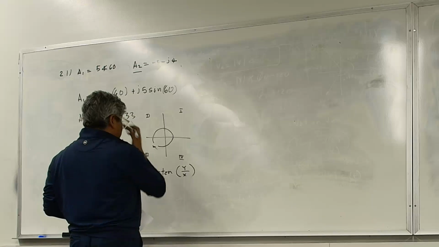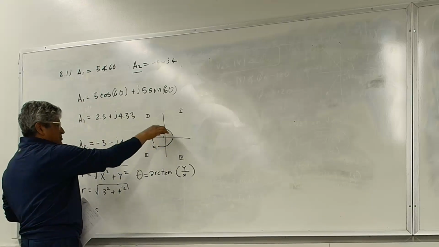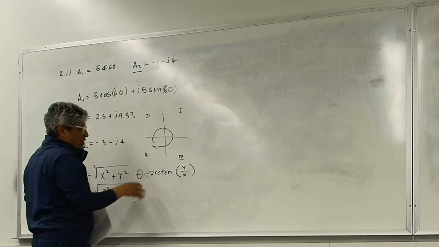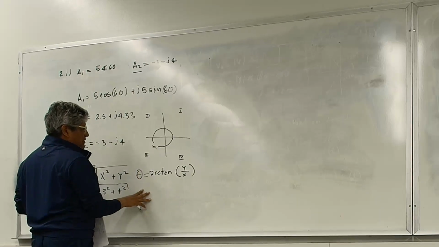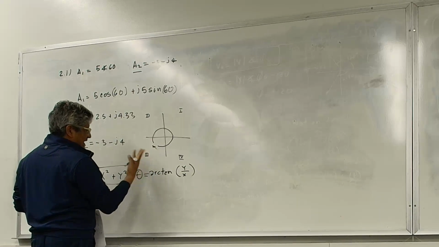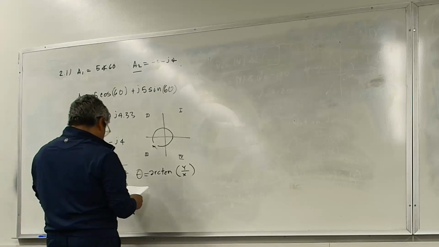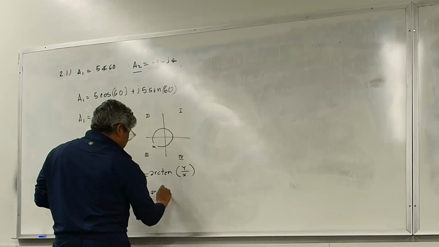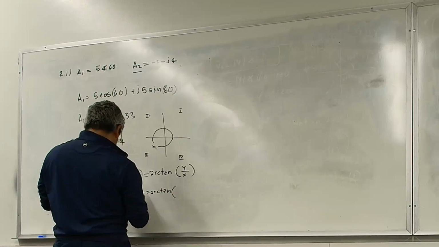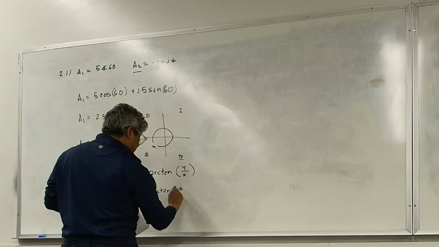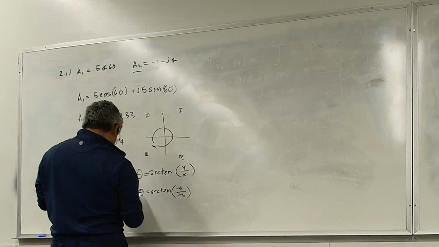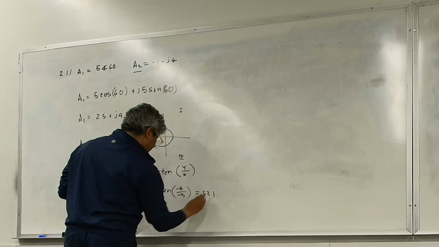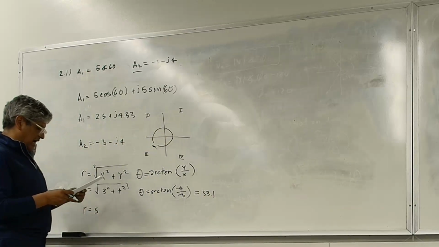This is the one where, if you're doing it this way, which I don't recommend, but if for whatever reason you forget your scientific calculator and have to do it this way, theta is equal to the arc tangent of minus 3 over minus 4, which gives us about 53.1 degrees.